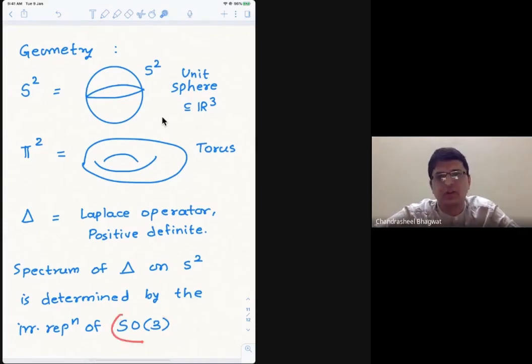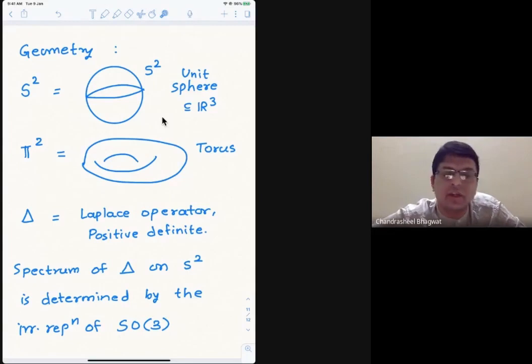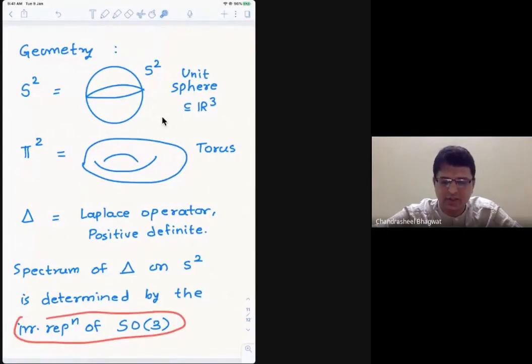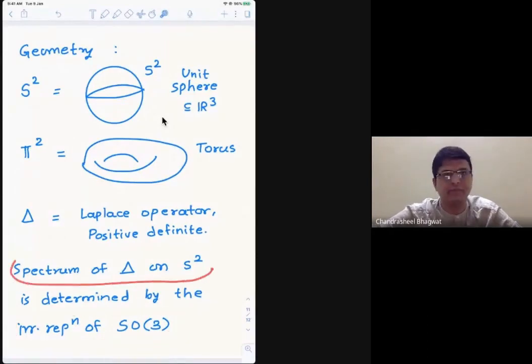Such maps are called isometries of the sphere because they preserve the geometry. And this forms something called a group. Those who know groups can appreciate the fact that the isometries of any geometric object form a group. The irreducible representations, in one line, are a classification of various ways in which such a group will operate, or act, or give transformations of some vector spaces. And the irreducible representations of SO3 play a role in determining the spectrum.